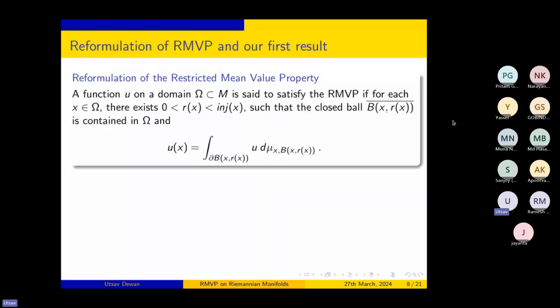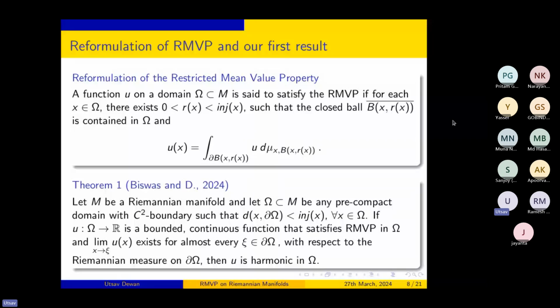And this brings us to our first result. Let M be a Riemannian manifold, and let Ω in M be any precompact domain with C2 boundary, such that the distance from x to ∂Ω is strictly less than the injectivity radius at x for all x in Ω. These are the technical conditions I was mentioning, that one has to have nice control over the radius of the sphere so that it's smaller than the injectivity radius, so that one actually gets harmonic measures.